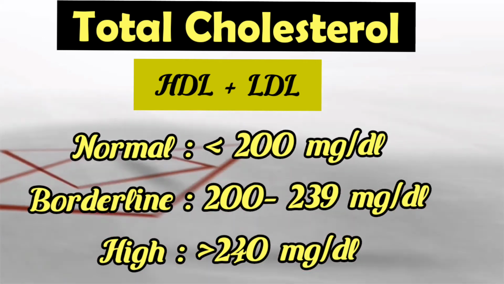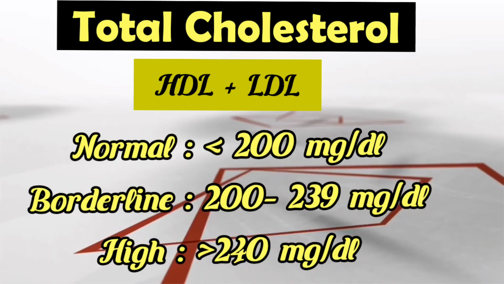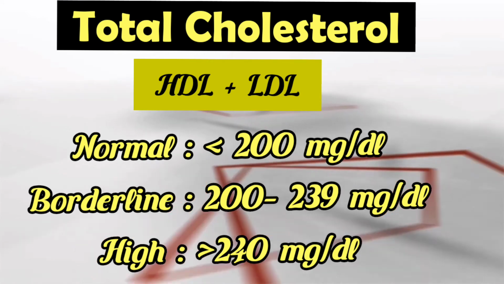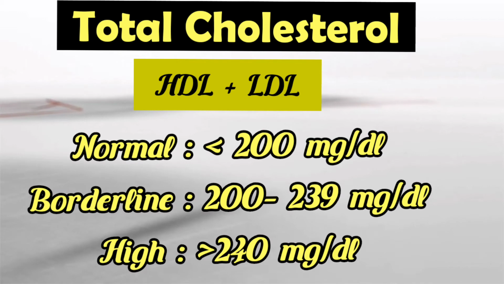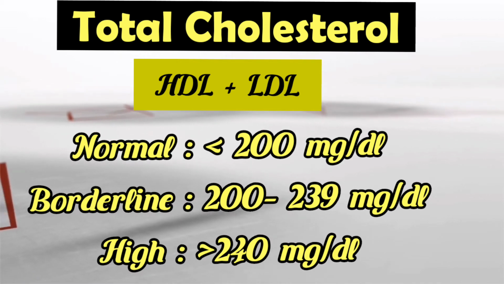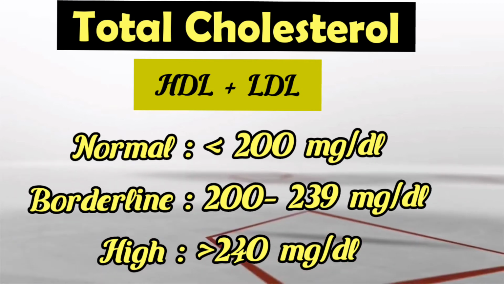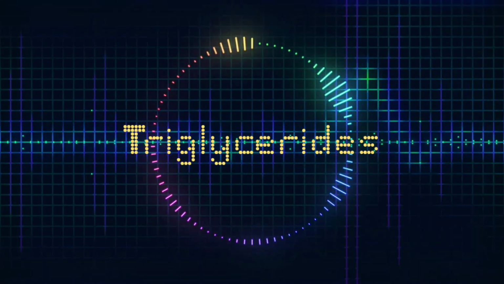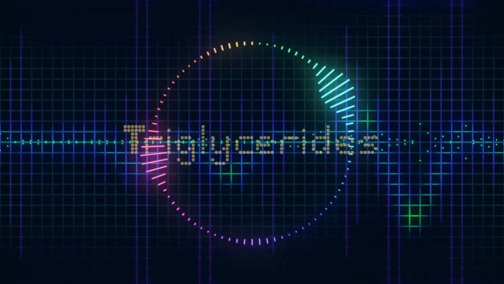If the values are 200 to 239 milligrams per deciliter, we consider it as borderline. If the values are greater than 240, it shows a high increase in total cholesterol levels. Coming to the triglycerides, triglycerides are a type of fat, but they are not cholesterols.